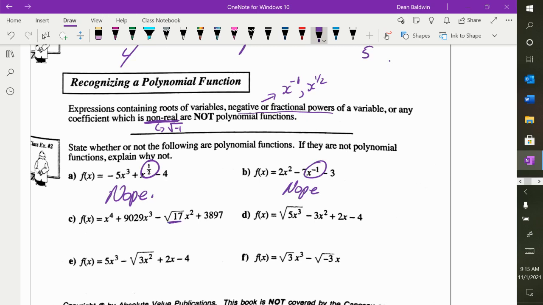Even though you have a square root of 17, it's not a negative number, and all the exponents are whole numbers, and none of them are negative. What about D? No, because what does a square root mean if it's over the variable? Power of a half, right? So this means root 5 x to the 3/2 power. So nope.